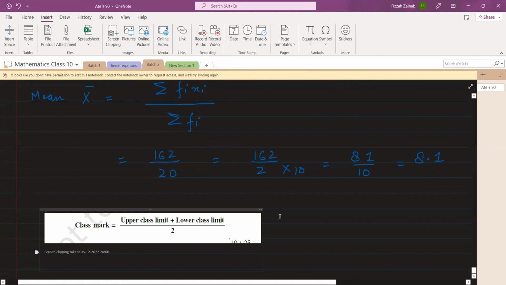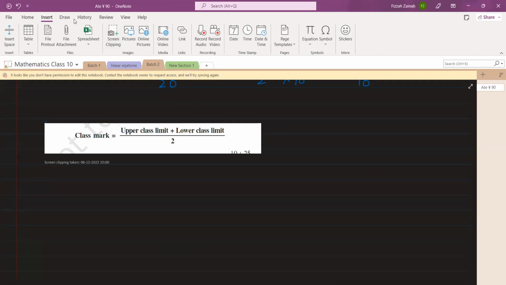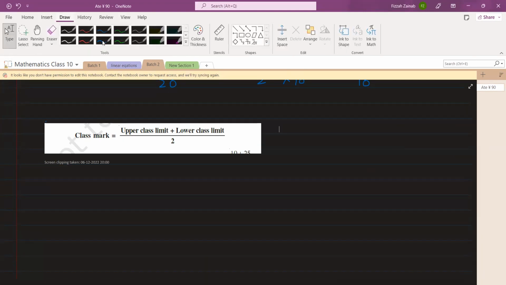See, it's also written in your NCERT: class mark is upper class limit plus lower class limit divided by 2. In general language, it's basically the middle value of the group, of whatever class you are taking. So the middle value is called the class mark.